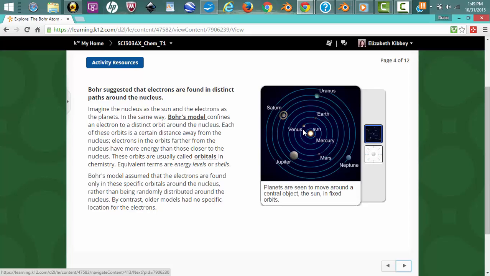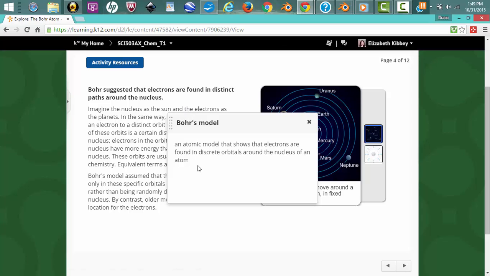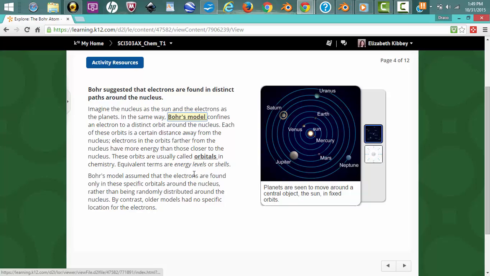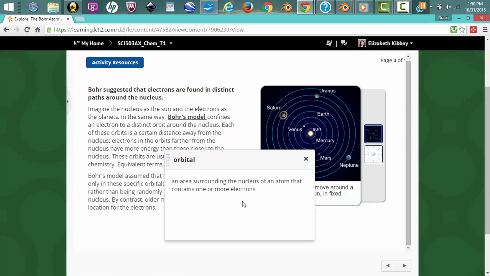Bohr suggested that electrons are found in distinct paths around the nucleus. The definition of Bohr's model is an atomic model that shows that electrons are found in discrete orbitals around the nucleus of an atom. And orbitals are an area surrounding the nucleus of an atom that contains one or more electrons.